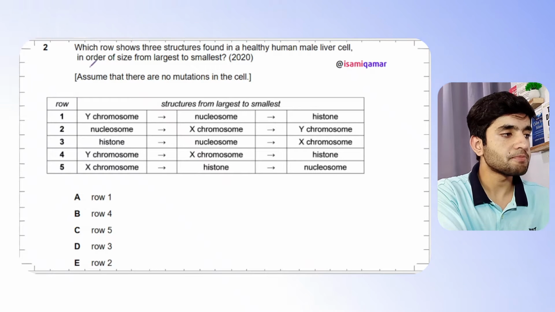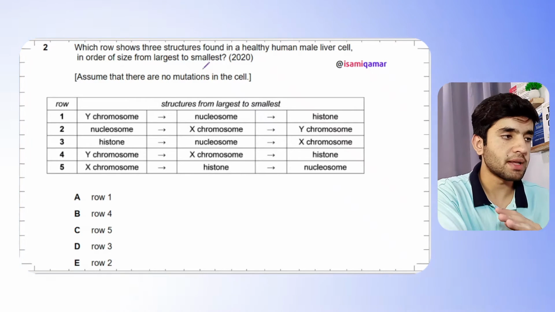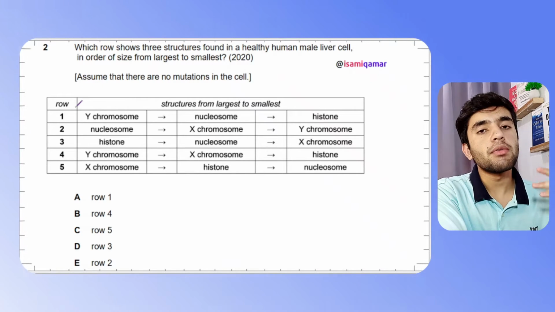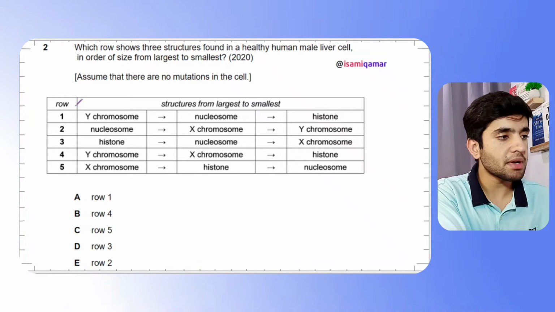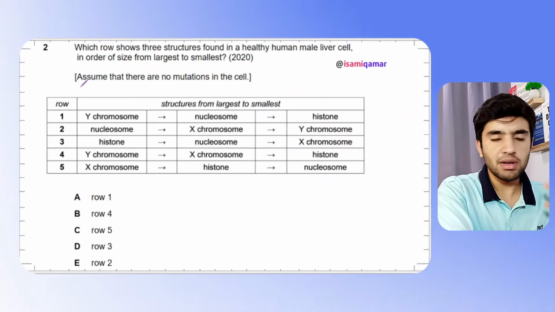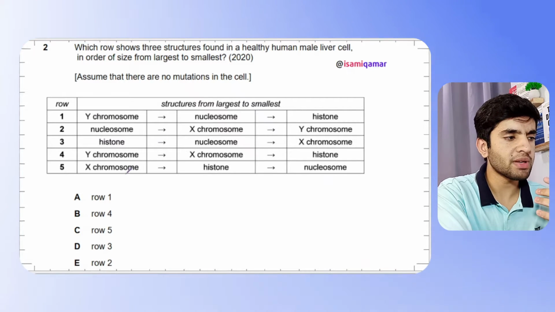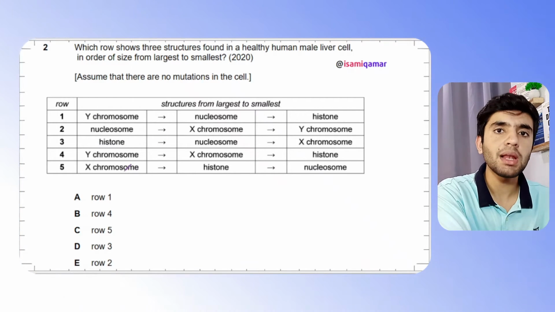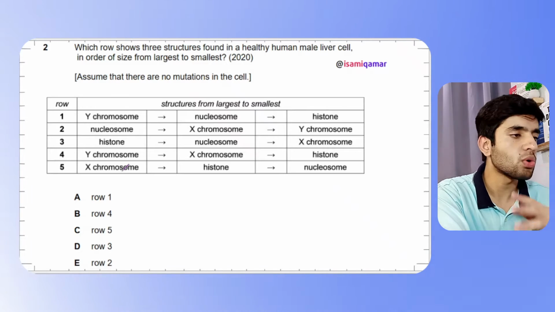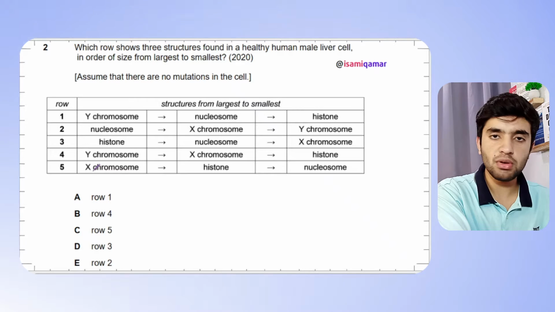Now see which row shows three structures found in a healthy human male cell in order of size from largest to smallest. Let's first understand what the examiner is asking. He is saying it's a human male cell, so there is the option of Y chromosome and X chromosome. You have to assume that in the male both X and Y chromosomes appear, so no need to get confused about whether X or Y will be present.